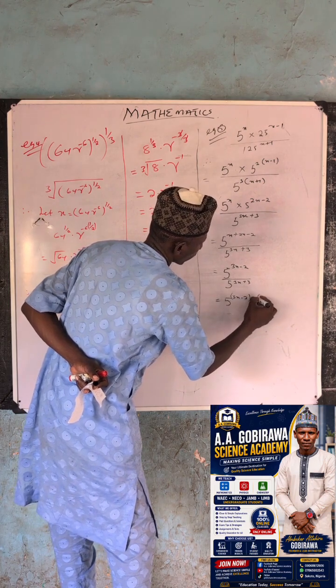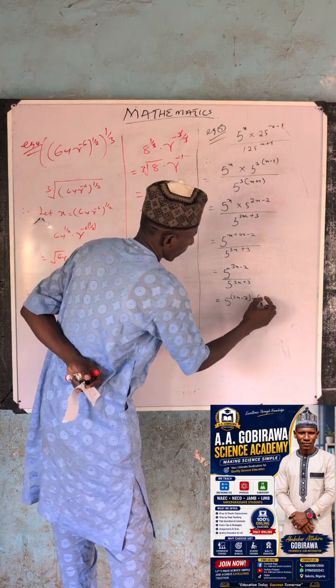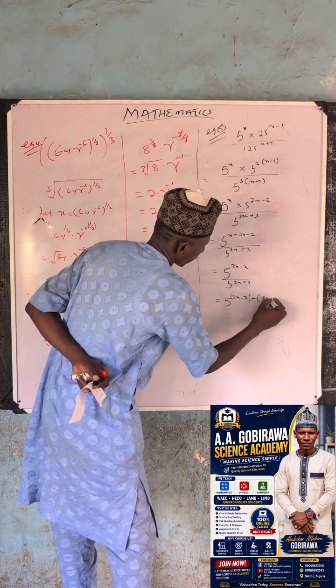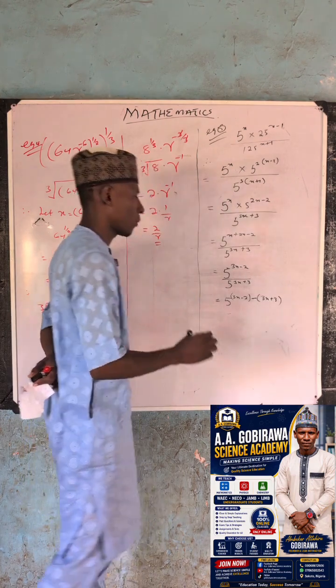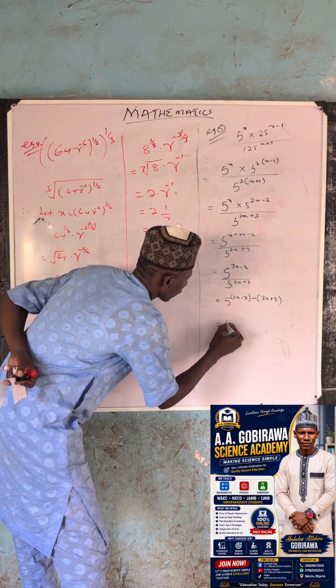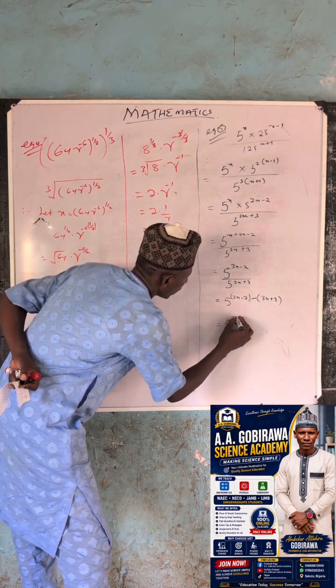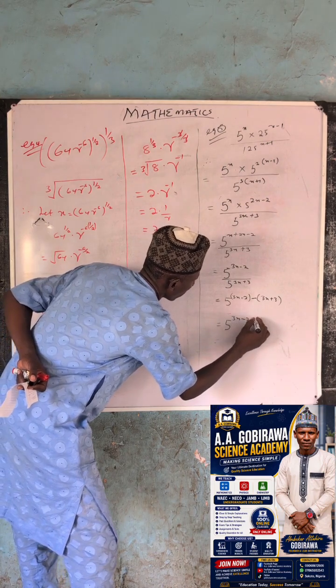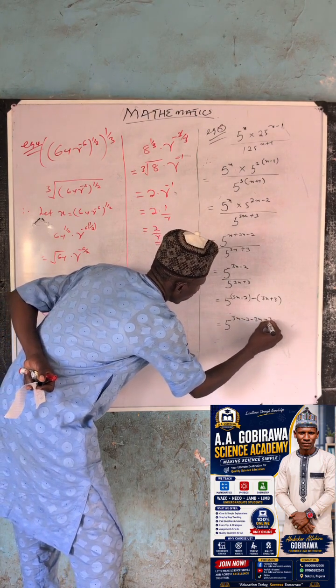So we have 5 power 3x minus 2, minus in the division, 3x plus 3, are we together? Then we have 5 into 3x minus 2 minus 3x minus 3.